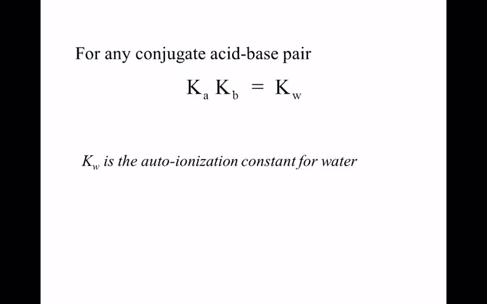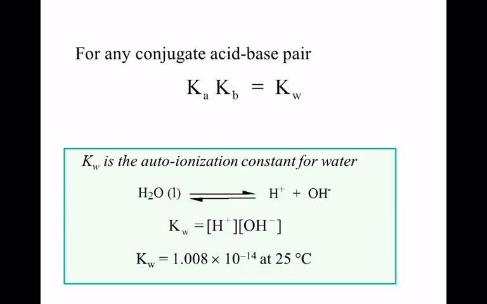And actually, if you want to put a star next to that, I'll even tell you when you use it. Use this if you know either Ka or Kb and need the other one.